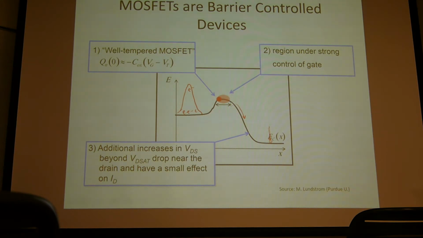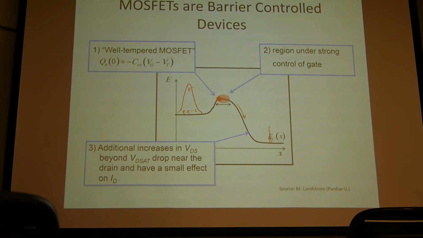Because ideally if the drain cannot control the source barrier, then the number of electrons that can be over this barrier is limited by the gate only. Once all the electrons are over the barrier, you don't get additional electrons over. That means your current will be saturated. Even if you have large drain voltage, they move very fast, but the source of the electrons is limited.